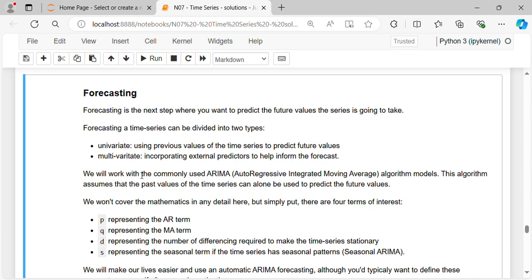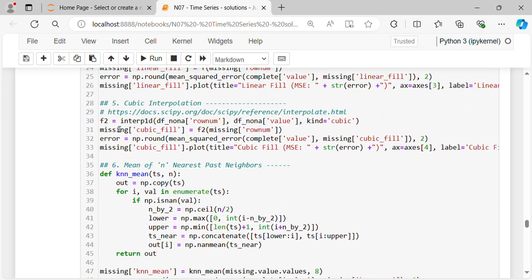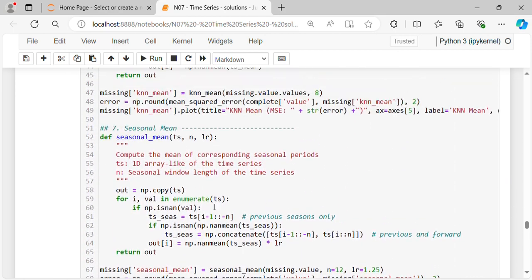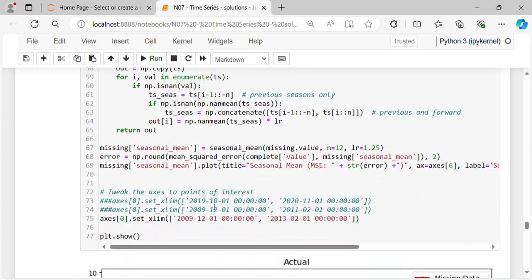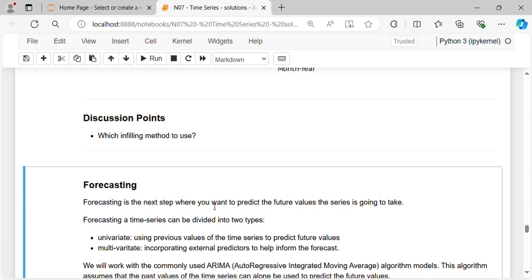We looked at the interpolation, linear interpolation method, and we also looked at the cubic interpolation method, and we also looked at the KNN mean method for n nearest neighbors, and we also looked at the seasonal mean method, and we found out that the linear interpolation method gave us the lowest mean square error.